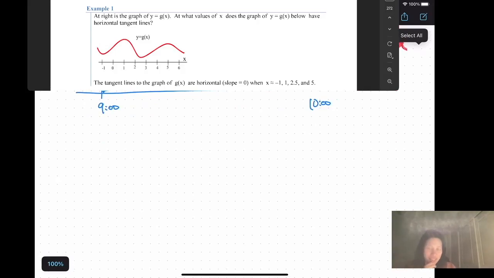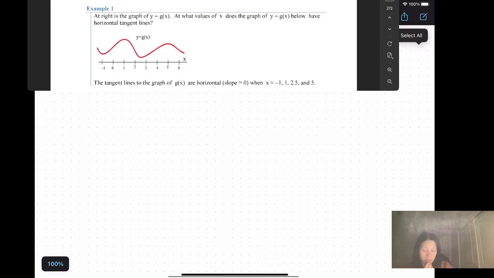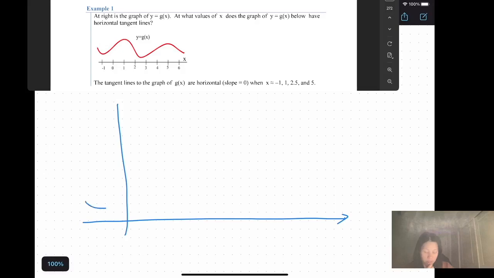What do you think? I'm going to give you a random graph similar enough to that one. The graph looks like this one. So at what point is this going to have a horizontal tangent line? Make a guess. It's going to be at the maximum, the local maximum, or the local minimum, right?